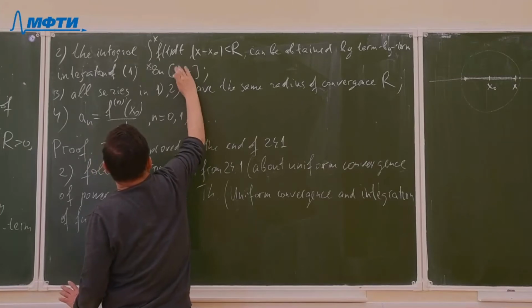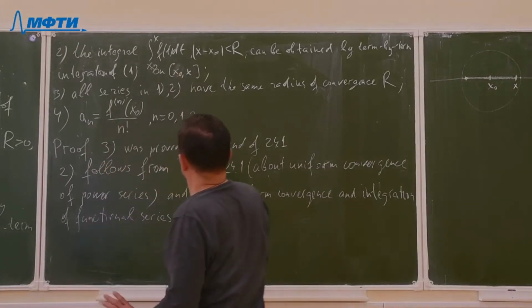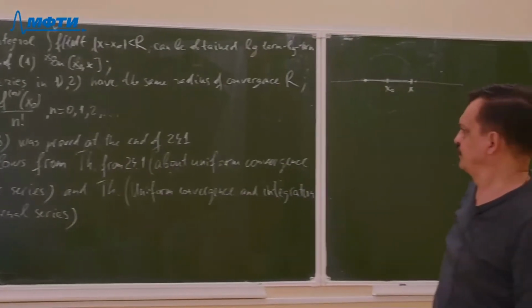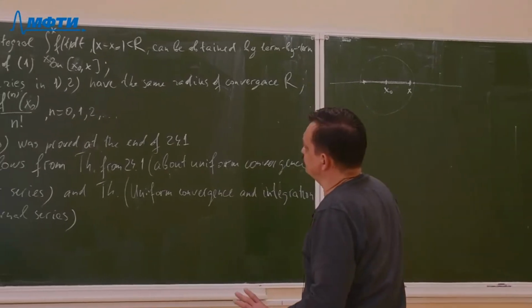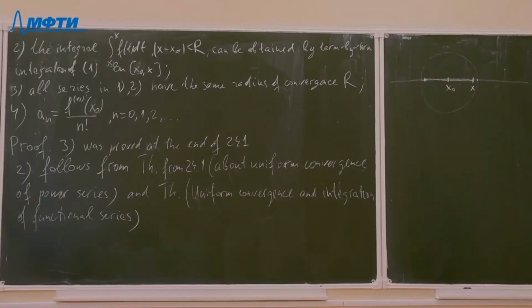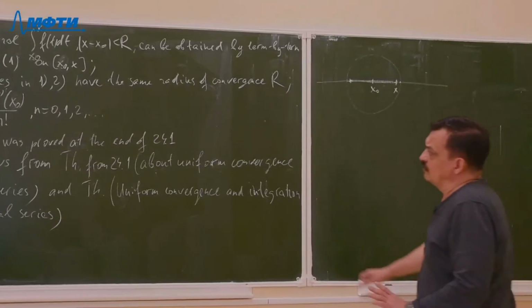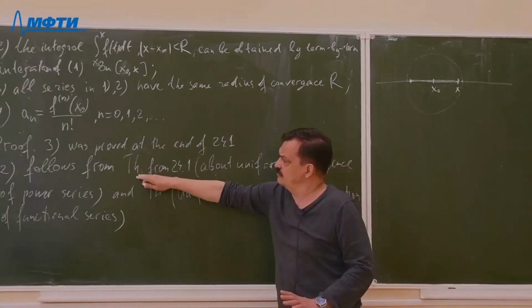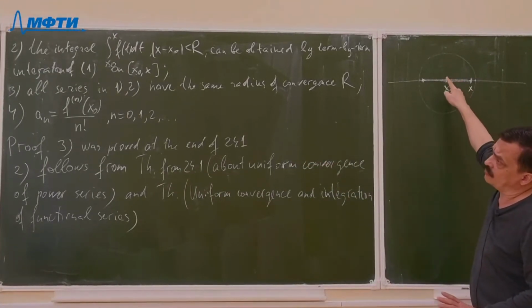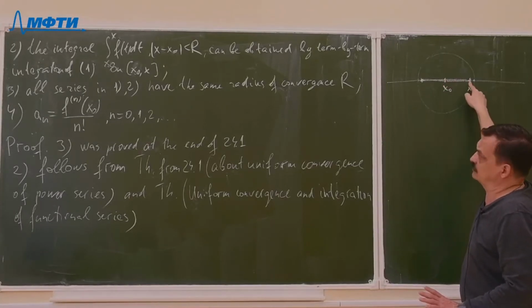That was a misprint. Very sorry. So the first theorem says that our series 1 converges uniformly on the interval x naught x.